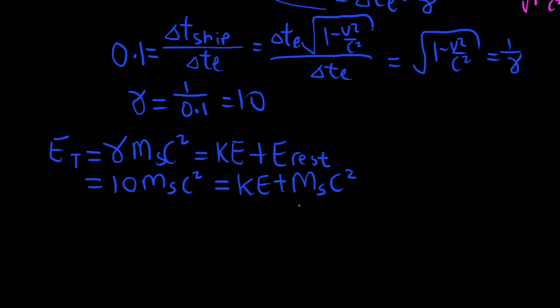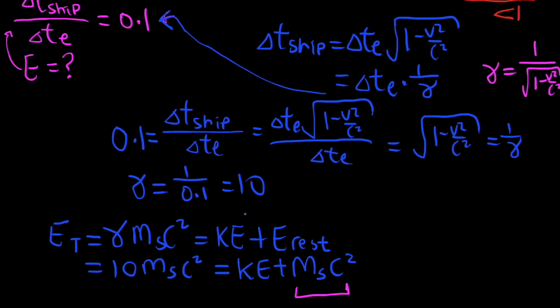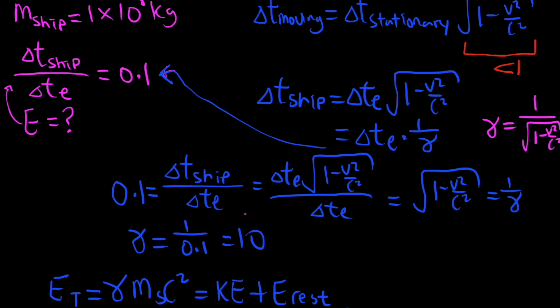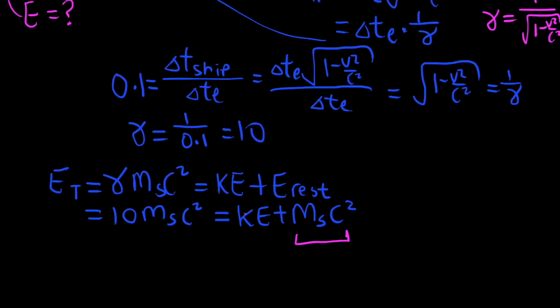So we know mass energy or rest energy is given by the mass of the object. Even if we do not accelerate the spaceship, it still has a mass energy of mass multiplied by c squared. So the energy required from us is equal to the total energy when having a time ratio of 0.1 minus the energy it already has.